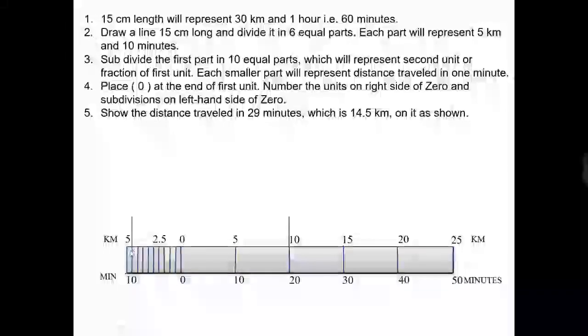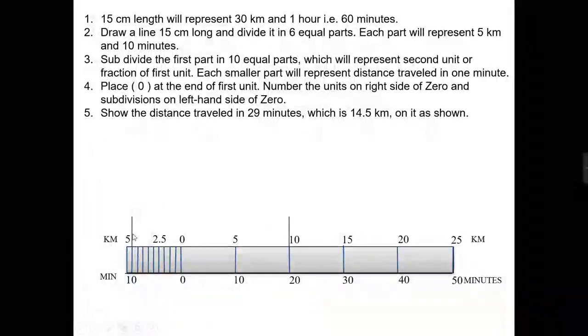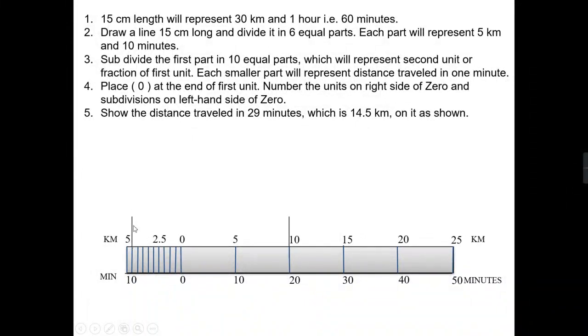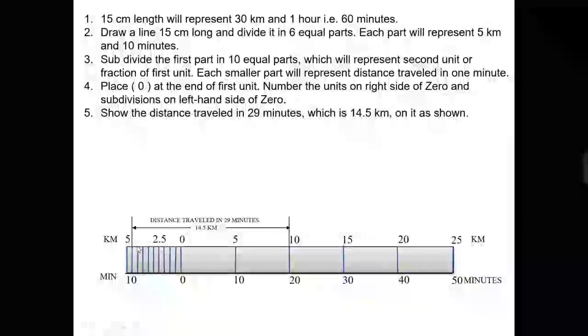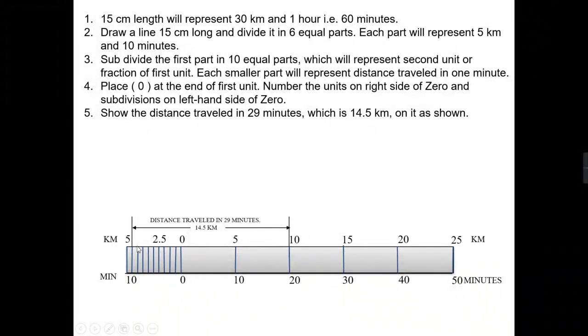So it is your 29 minutes, and we want to measure the length or distance that is covered by the train. So it is coming out to be 10 here from here, and 4.5 if you measure it from the 0. So the total distance is nothing but 14.5 kilometers that is traveled by the train in 29 minutes.